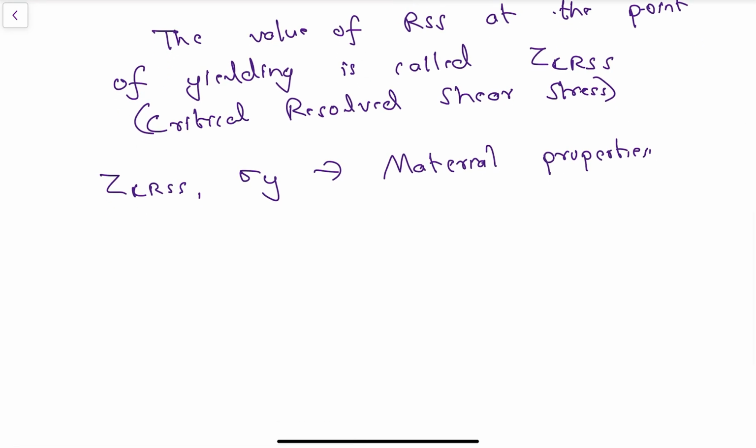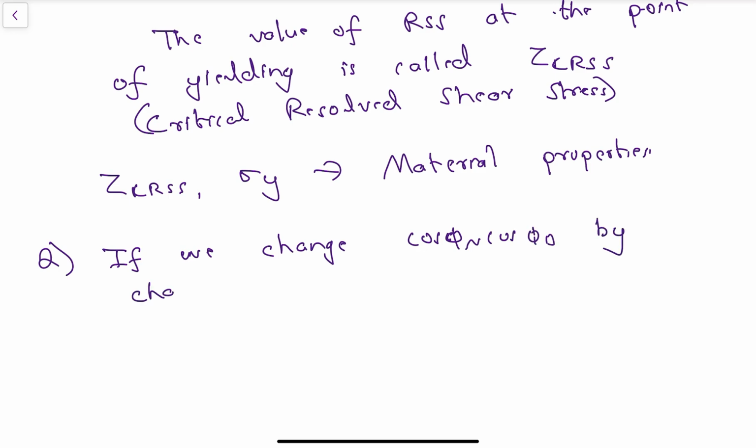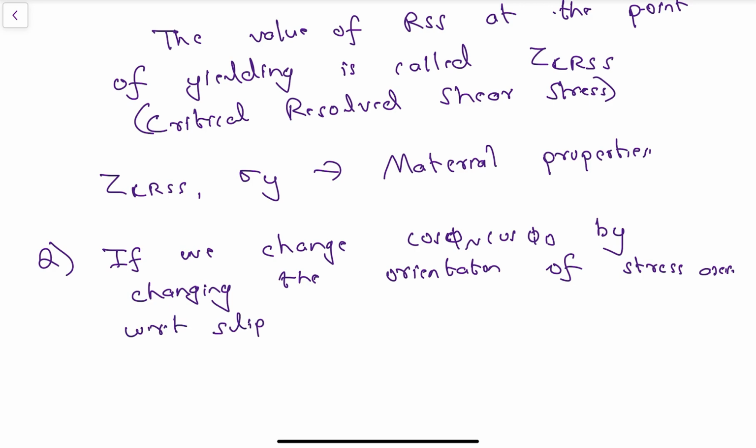So now the question is, if we change cos phi n cos phi d by changing the orientation of stress axis with respect to slip system, what happens to the equality?